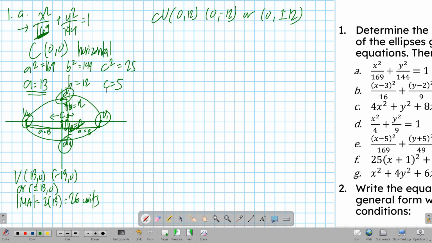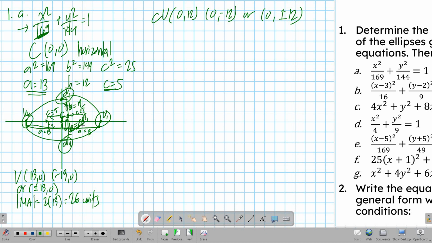Now, for c, this is the foci. So from the center to this point, that small letter c, which is 5. So this will be the first focus, and from the center to the other, this will be the second focus. And that's also c equals 5. With that in mind, we move c units to the right, because as you have seen a while ago, the foci are also on the major axis.